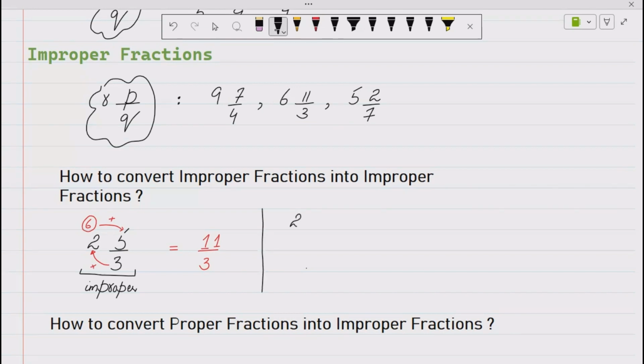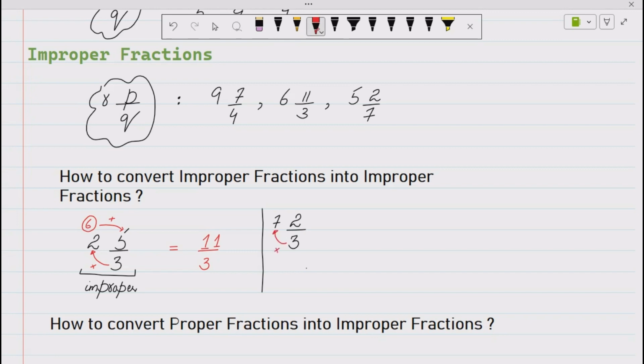Let's say we have 2 7 over 3. Now let's see how we can convert this improper fraction to proper. First thing first, we have to multiply the denominator with the constant factor.